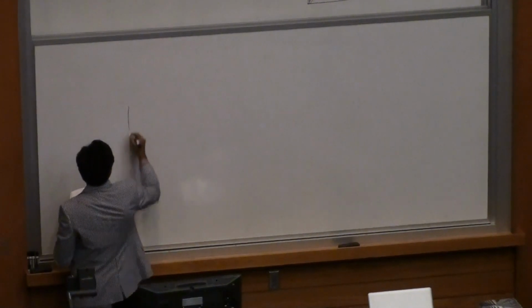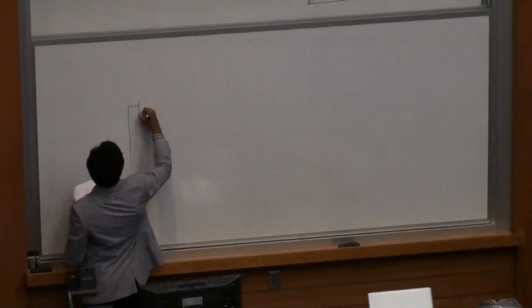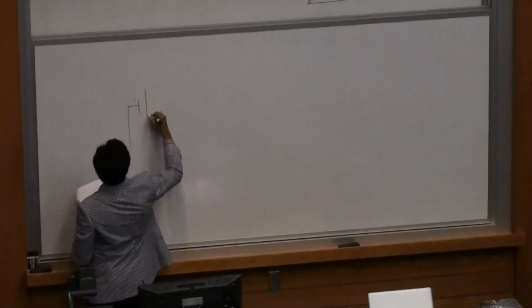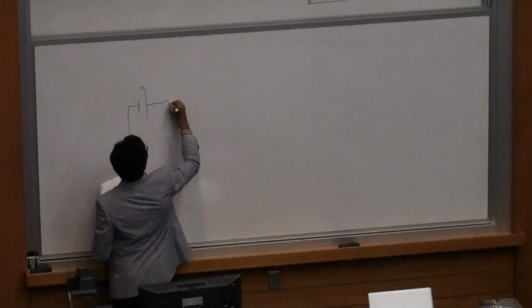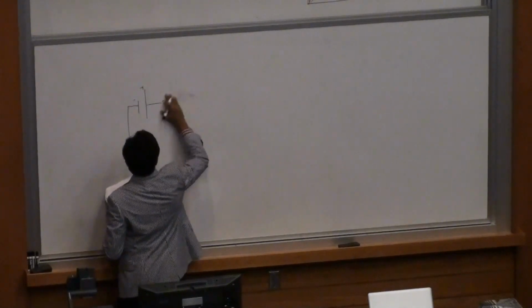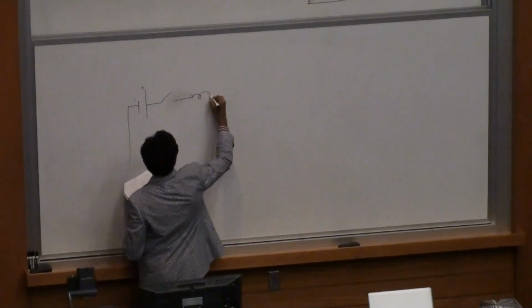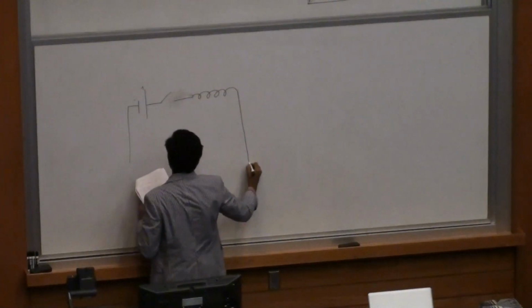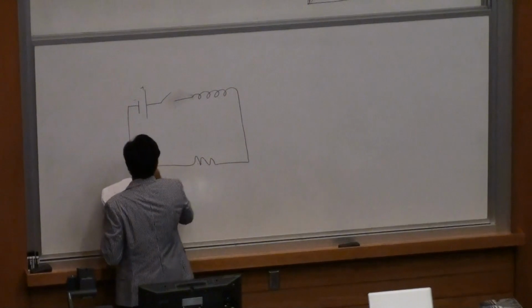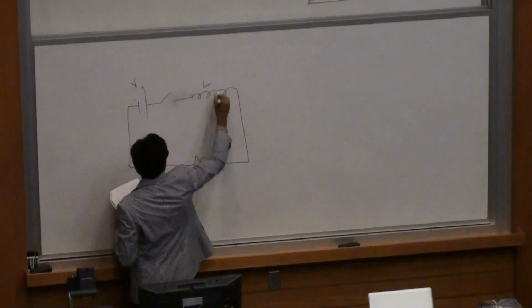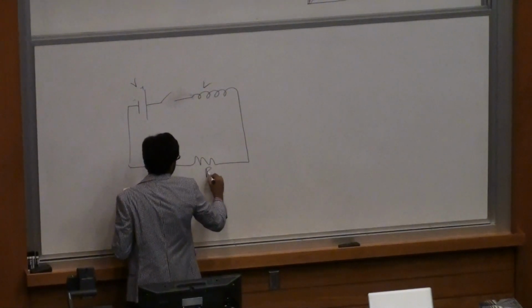Now, let's look at this real quick. So let me redraw this, minus, positive. At this stage the switch is still open. Voltage, inductance, and resistance.